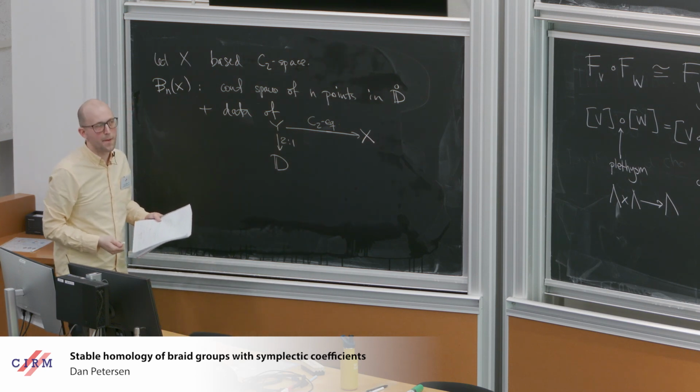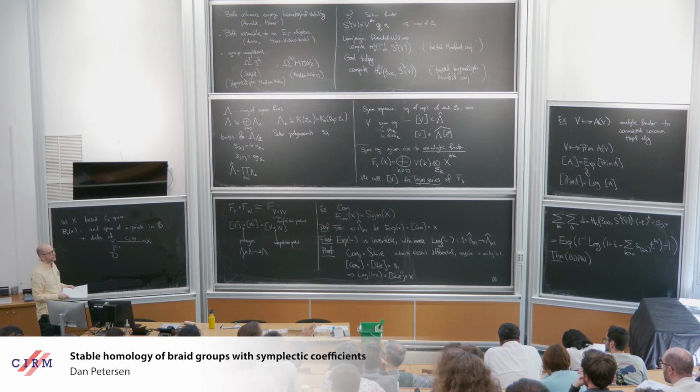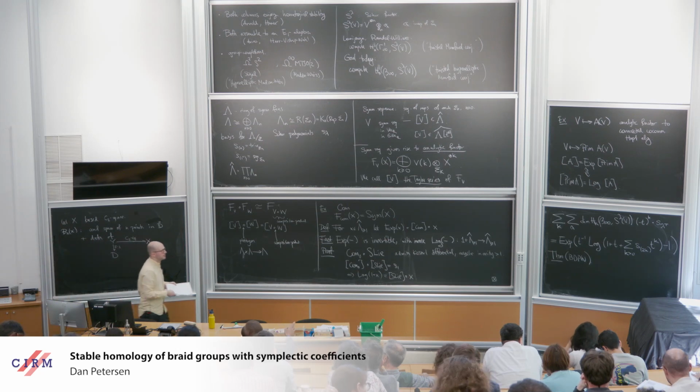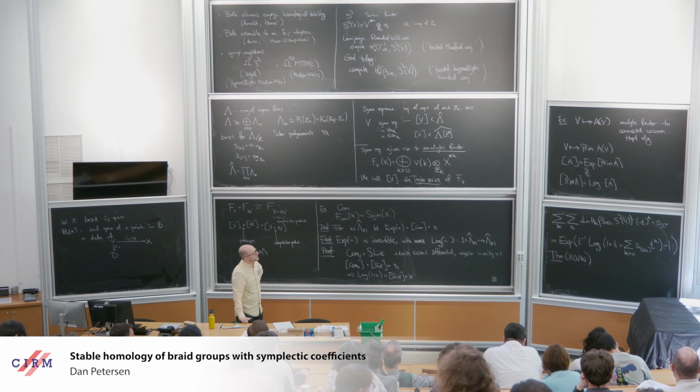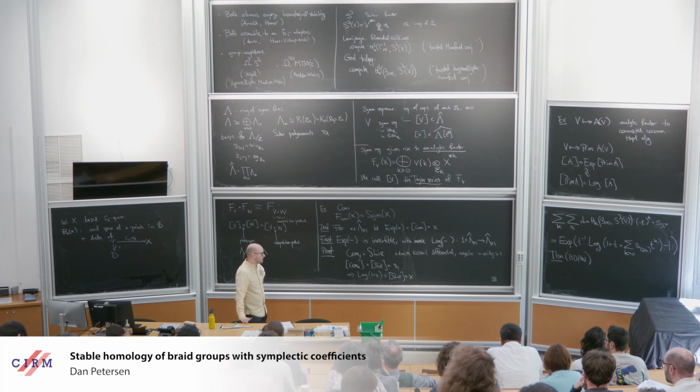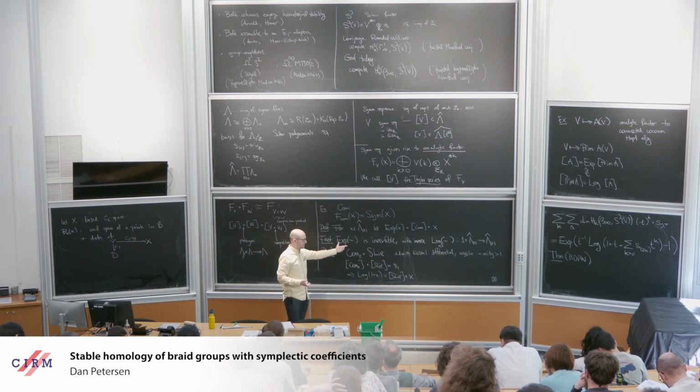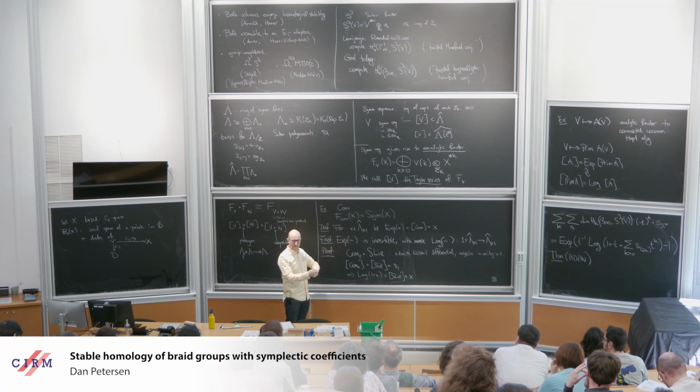Yes? I'm a bit confused about this formula because you said that log you can apply to power series of the form 1 plus something. Yes. And there you apply it to the series of the form 1 plus t plus something. Yes, it also works. But you have to think about how exp and log act on T, because I'm in a lambda ring.